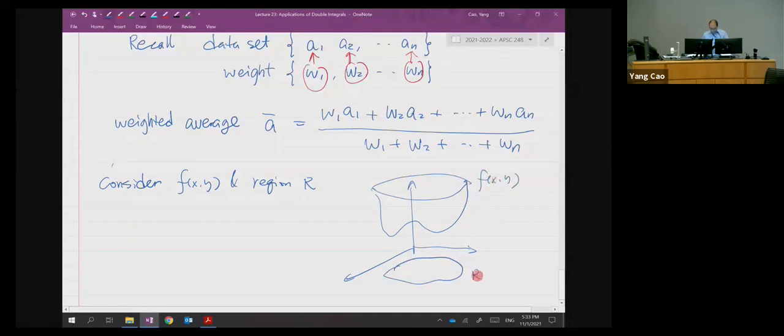We're going to have one more condition here. Suppose this region R actually represents a very thin metal plate. Now let's say I also know the density, delta x y, for the region R.